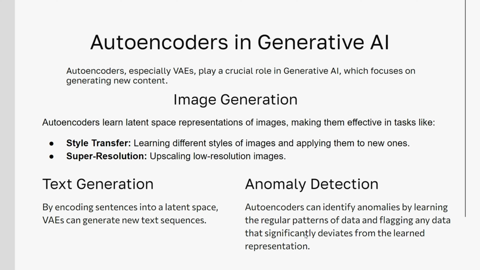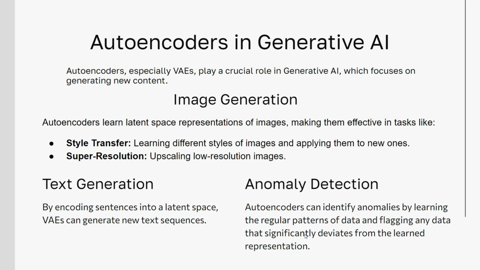Now let us say I want to change that painting into a different style of painting. If I have an autoencoder that is designed to do this particular task, then I can easily use it to change the style of an image to that new style.